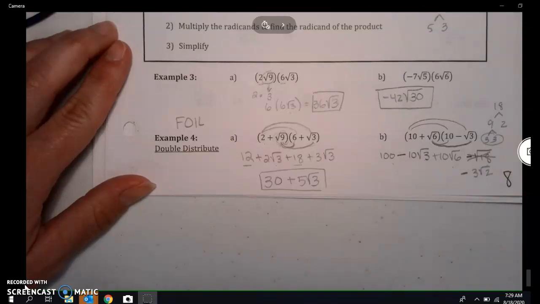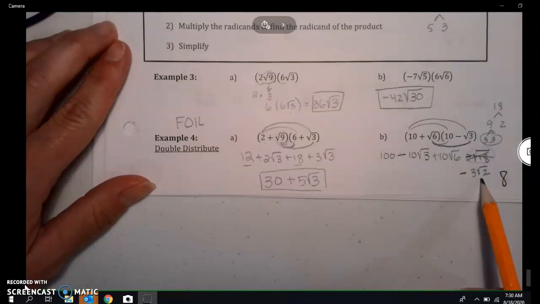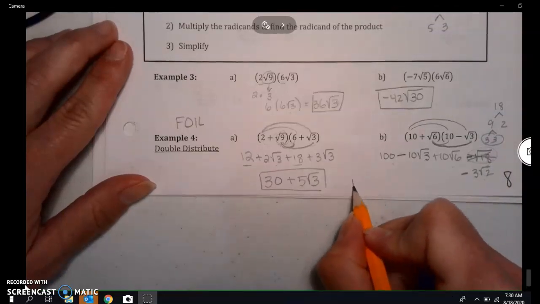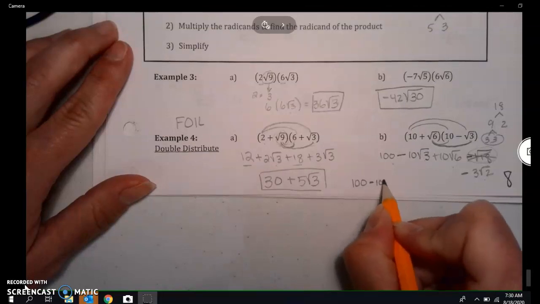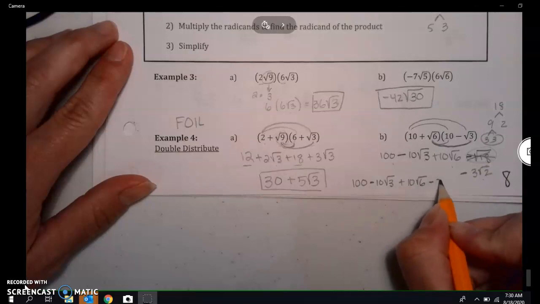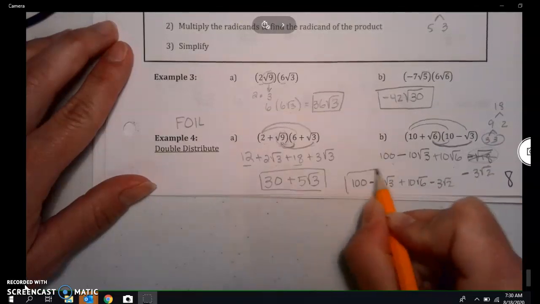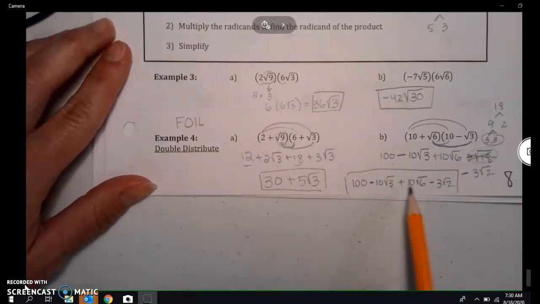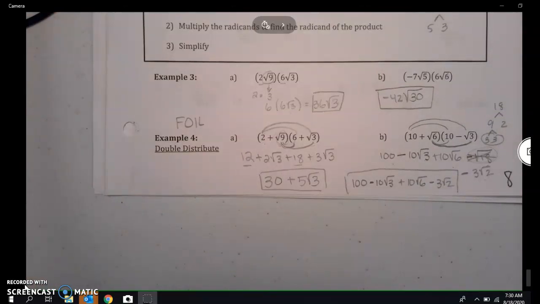No like terms. So we can't do anything else but make it look nice and write the answer, and it's going to have 4 terms in it. However, if you did not simplify this down to this, just to check, it would be marked wrong. This 18 needs to show up as a 3 rad 2. So our final answer would be 100 minus 10 rad 3 plus 10 rad 6 minus 3 rad 2. Keep in mind you can have these terms in any order and it would still be correct.